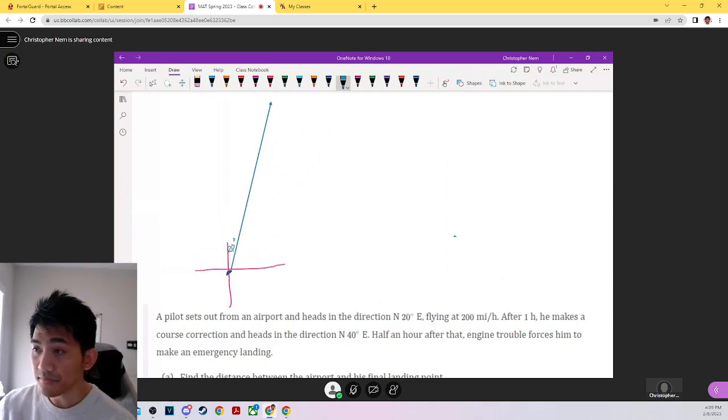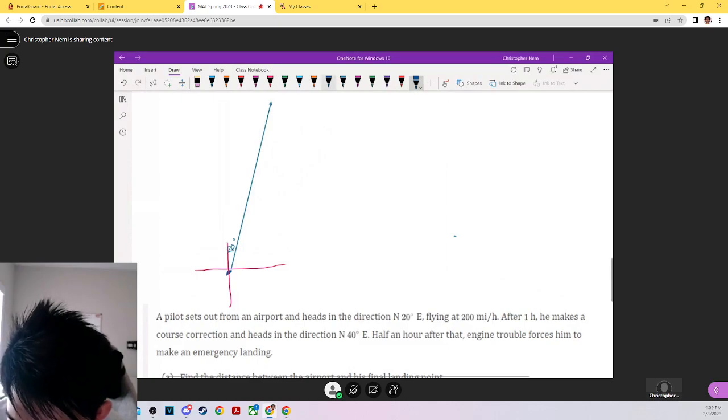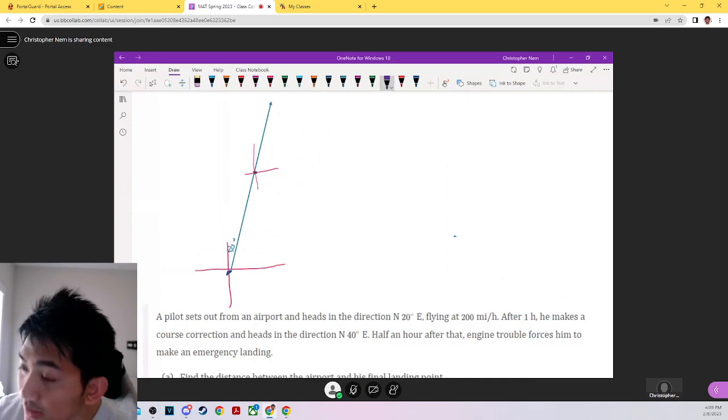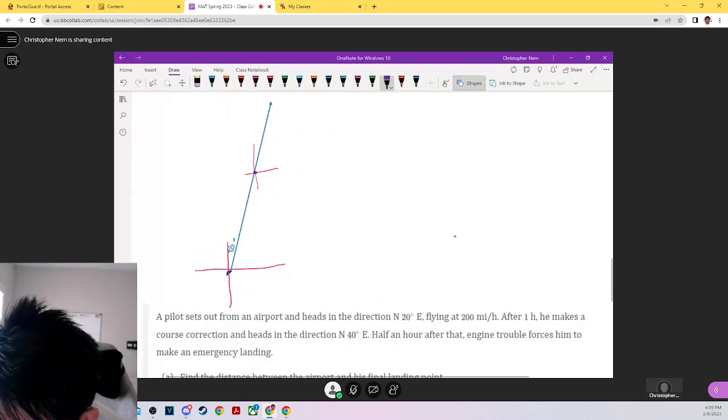Now, somewhere along this line, the word problem states that after 1 hour at 200 miles an hour, I make the course correction to go northeast 40 degrees. Let's suppose it's at this point right here where I start turning. I need to go 40 degrees in particular. Let me do that now. Ooh, this is ugly.